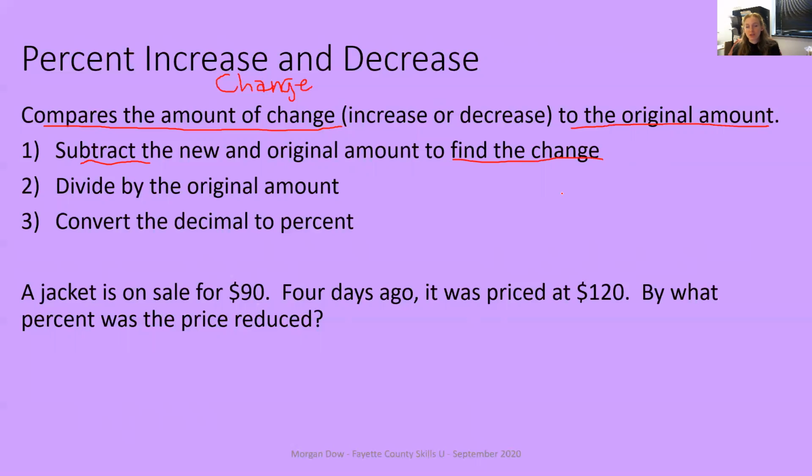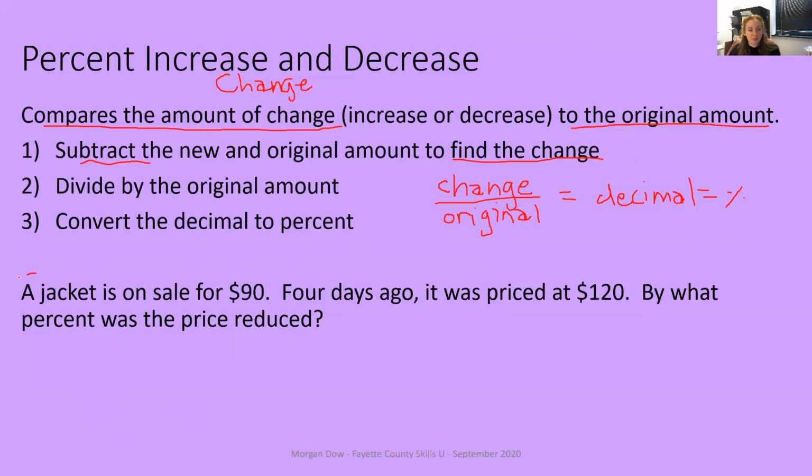If you were using the percent formula, you would take the change compared to the original amount, so the starting amount. Basically, you're setting up a fraction here, a part to whole relationship. So you could divide. That will give you a decimal answer. And so your final step would be to take that decimal and change it into a percent.